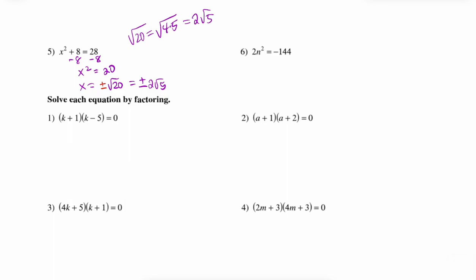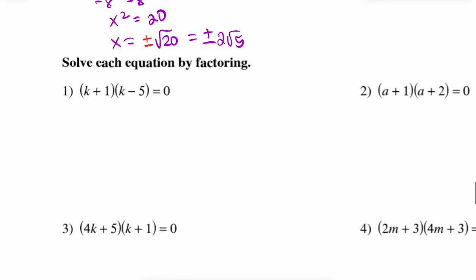Okay? Now, for the ones they did by factoring up above, they already wanted you to factor out a w or whatever that was. Here, these ones are already factored. We're going to explore more complicated quadratics eventually.